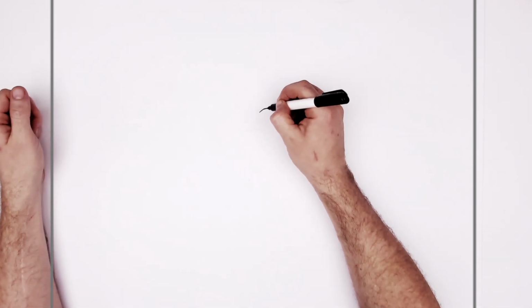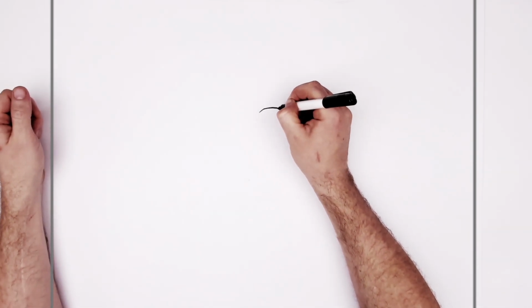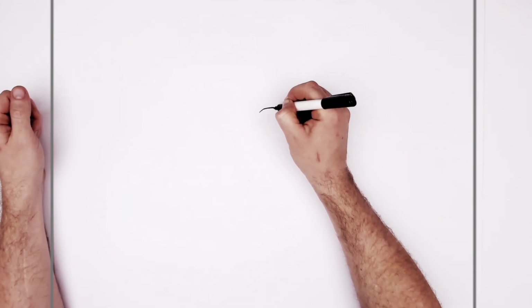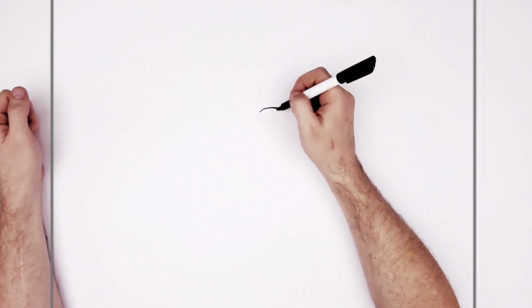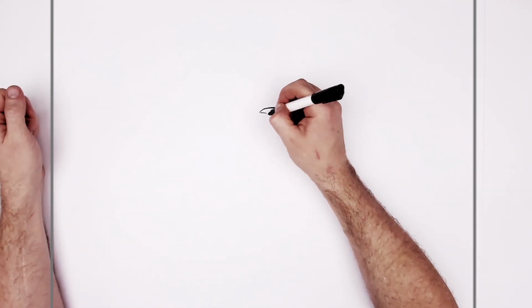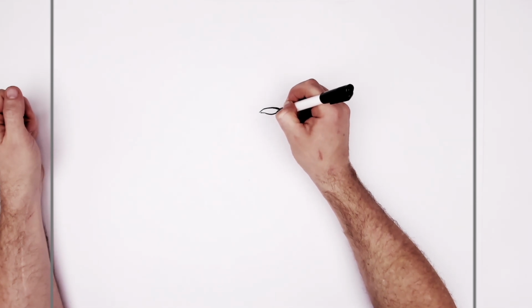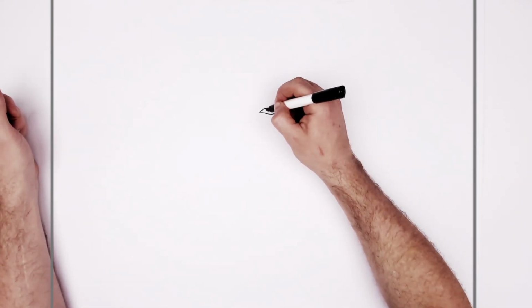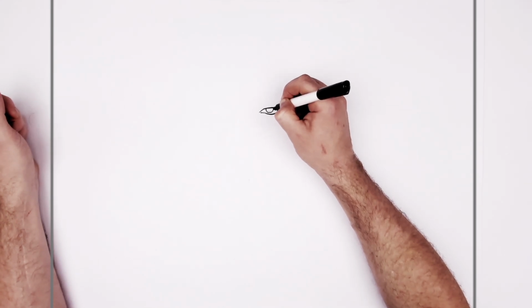They don't draw eyelashes or anything, but we will because we can. Just thicken it up a bit. And then his tear duct and his eyelid there. And he's looking over to the left from underneath his eyelash area there.